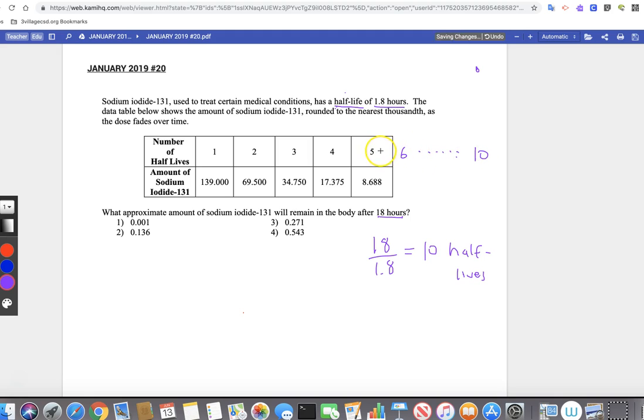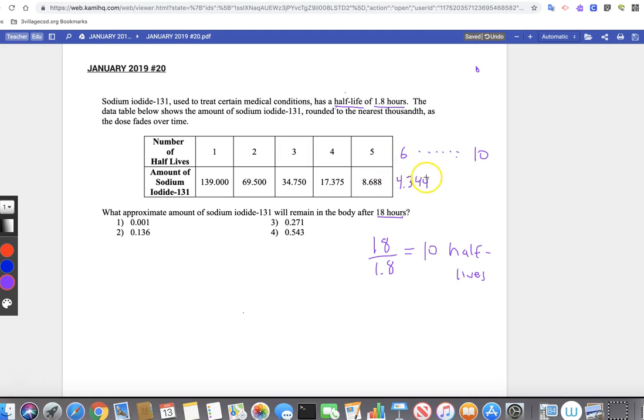For example, after the 6th half-life, we can take the prior amount left after the 5th half-life and multiply that by 1/2, or divide it by 2. That would give us an amount of 4.344.